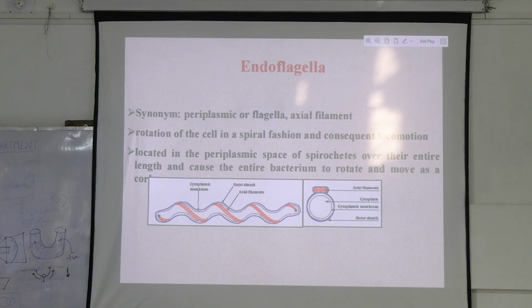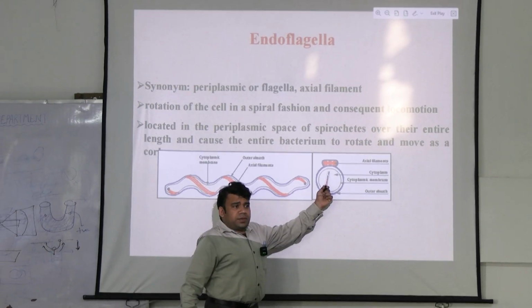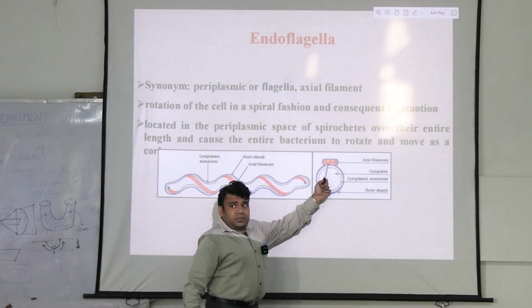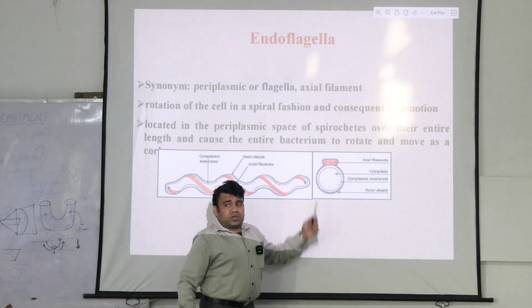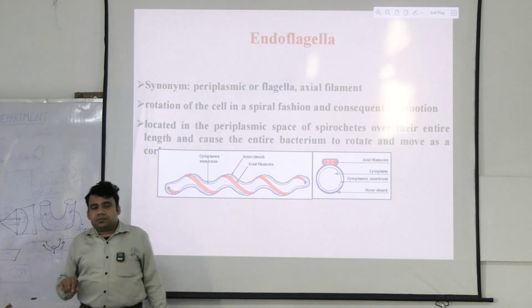These spiral bacteria will have the endoflagella running throughout its length, and if you look at this one, if we take a cut section, this is the cytoplasm of the bacteria and the axial filaments are present on the outside. So even though it is called endoflagella, it is not present within the cell.